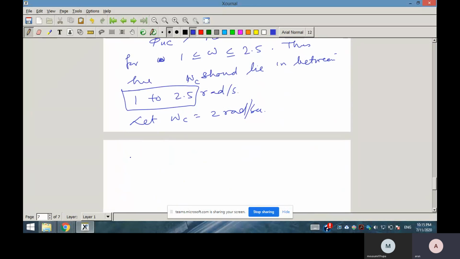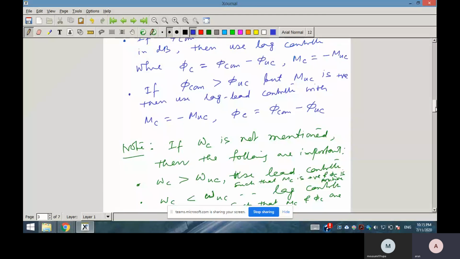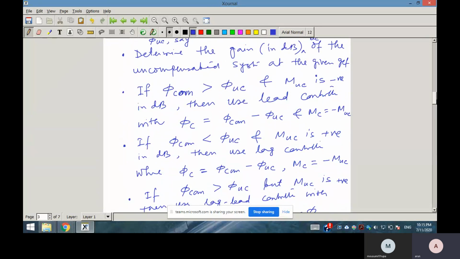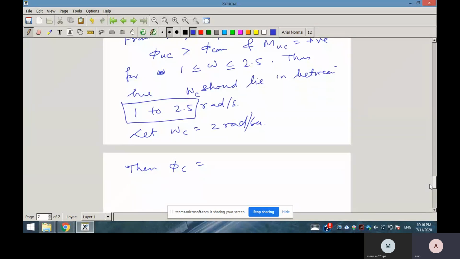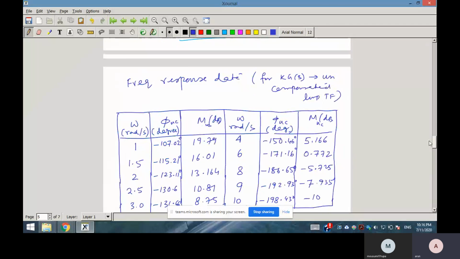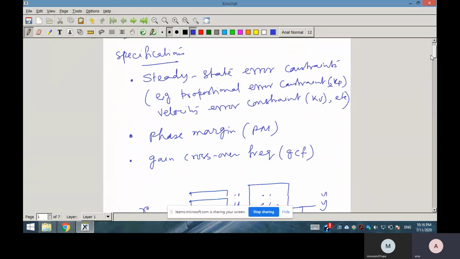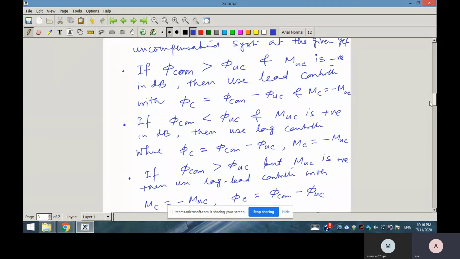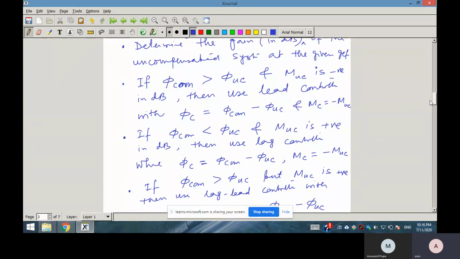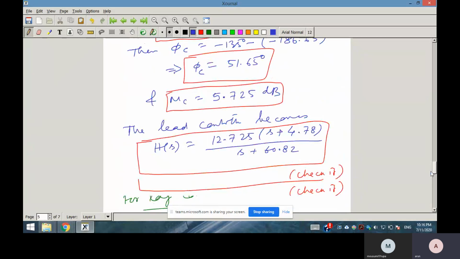What is your phi c? Then phi c equal to 135. Your phi c will be from this specification. From this, phi c will be phi com minus phi uc. Here in case of lag controller, phi com minus phi uc.